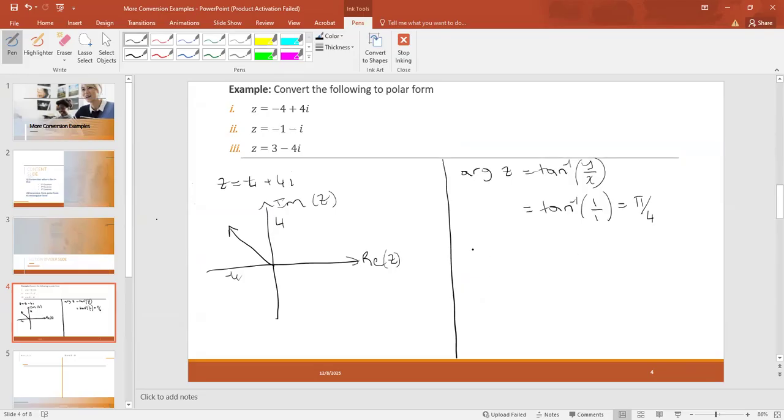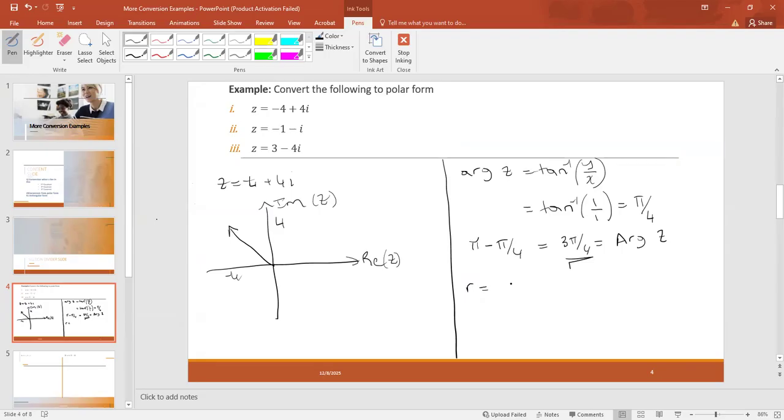Now, from our knowledge of trigonometry, we have angles in the second quadrant given by pi minus pi over 4. So the answer here will be 3 pi over 4. This is indeed our principal value, because it lies in the interval minus pi to pi. Therefore, this is the angle we are going to use in the polar form of the complex number.